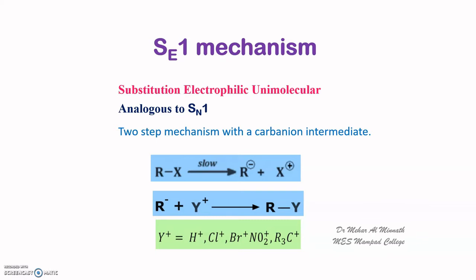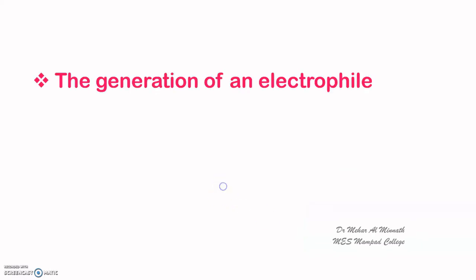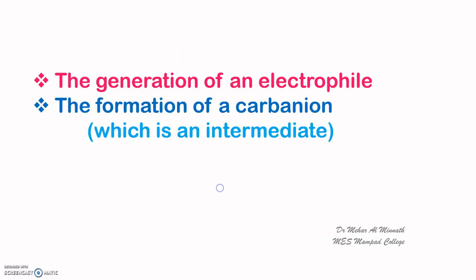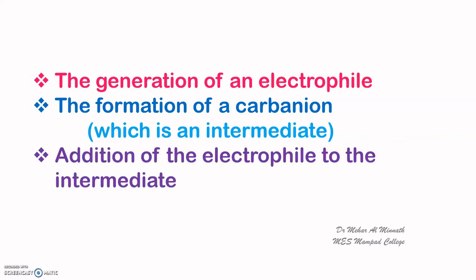So, if we summarize the steps involved in the SE1, we need to generate an electrophile. That is not involved in the rate determining step. Then the formation of the carbanion, which is the intermediate, is the rate determining step. And then immediately once the carbanion is formed, the electrophile will add onto the intermediate and form the product.